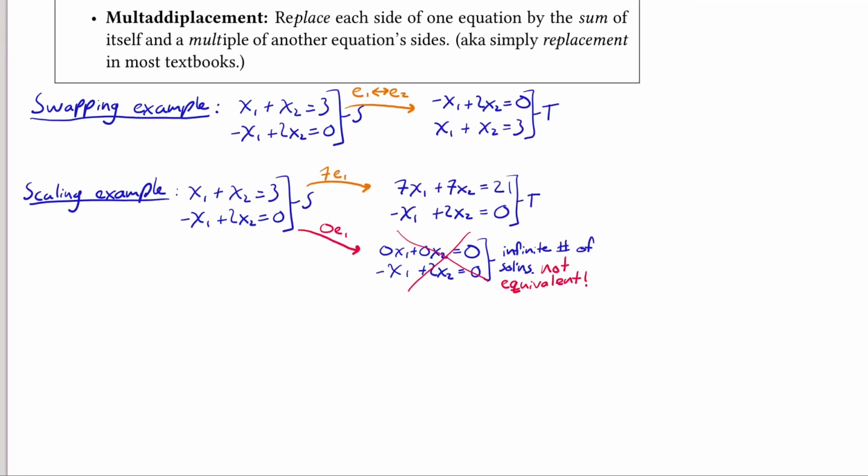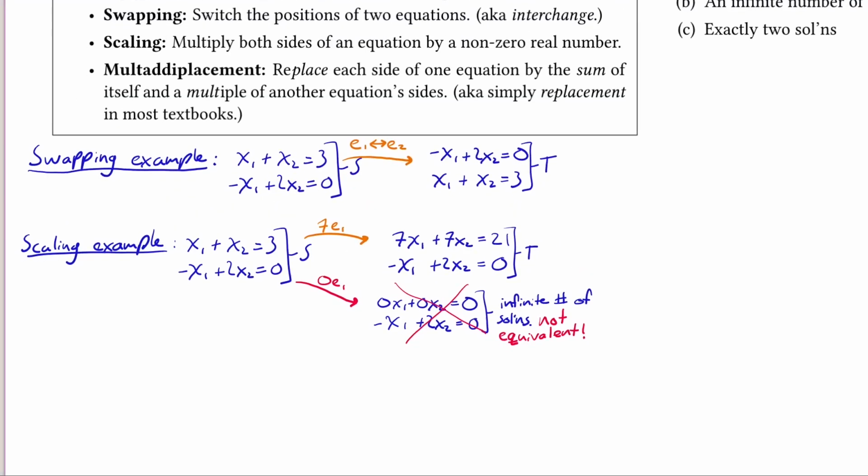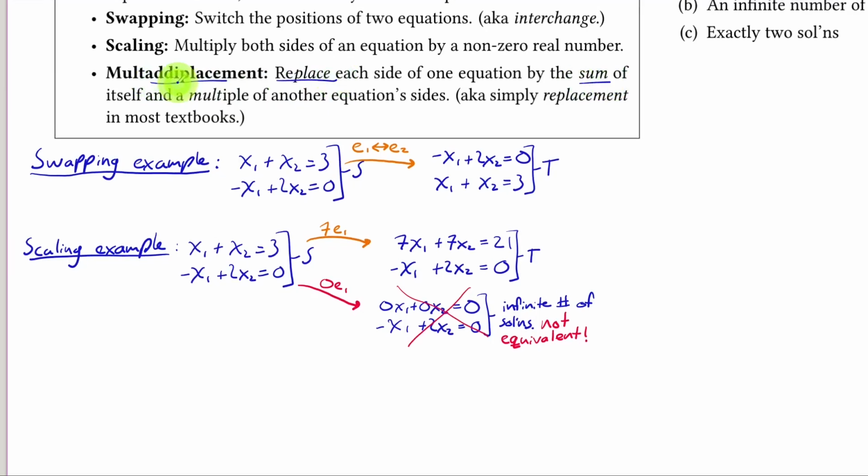All right, let's look at the more complicated one now, multiple-addition replacement. Multiple-addition replacement says you can replace each side of one equation by the sum, that's the add part, of itself and a multiple of another equation's sides.